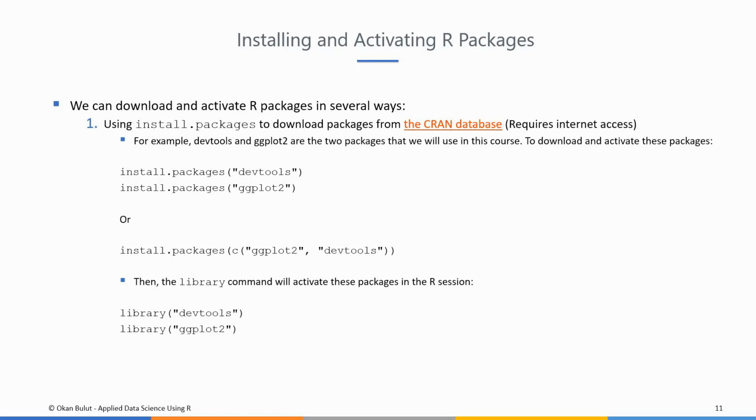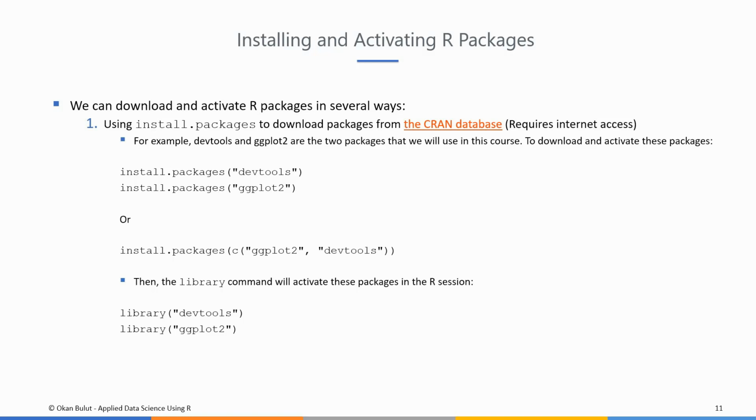Once both of the packages are installed, we can use the library command to activate these packages in the R session. Once we install the package, the package is ours now, so you don't have to install it every time you open R. However, even though the packages are already installed in your R library, whenever you need them, you need to call them into your R session using the library command.